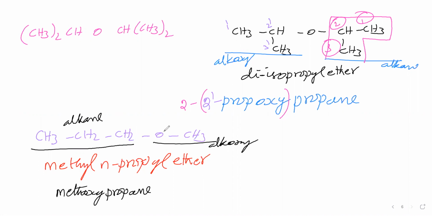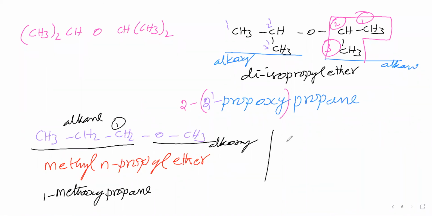Now, this alkoxy group is present at the first carbon of this alkane. So in the alkane, we have to mention which carbon has the ether linkage, because more than 2 carbon atoms are present. So this ether oxygen is present at the first carbon of this alkane. 1-methoxypropane is the IUPAC name.